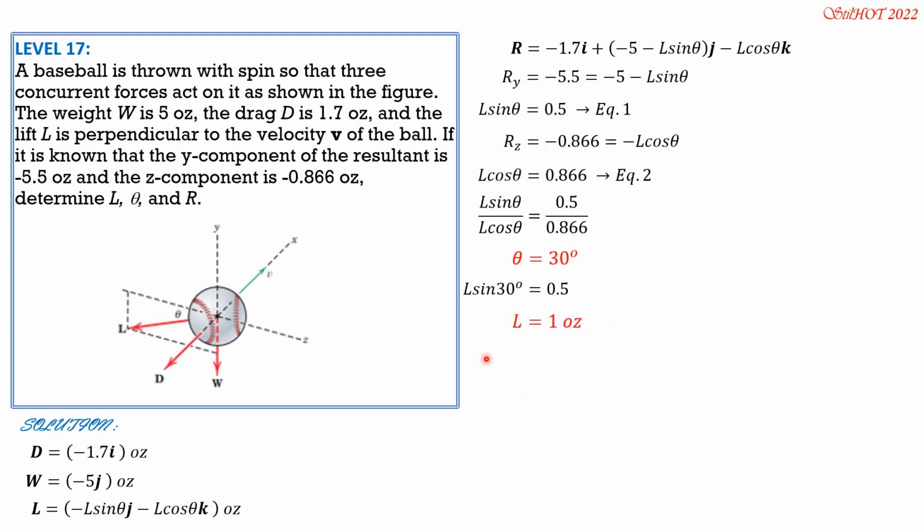Then finally, the resultant is the square root of Rx squared, where Rx is 1.7 squared, Ry is 5.5, and Rz is 0.866 squared. So the magnitude of the resultant is 5.822 ounces. So this is our magnitudes only, light, not boldface.